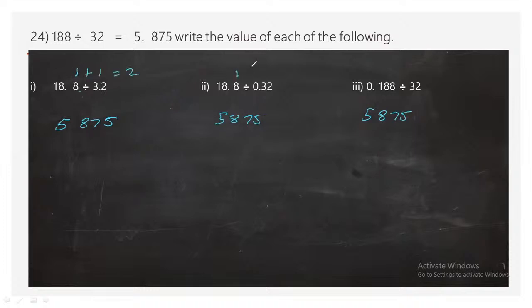Here also 1 decimal, here 2 decimal, altogether 3 decimal places.